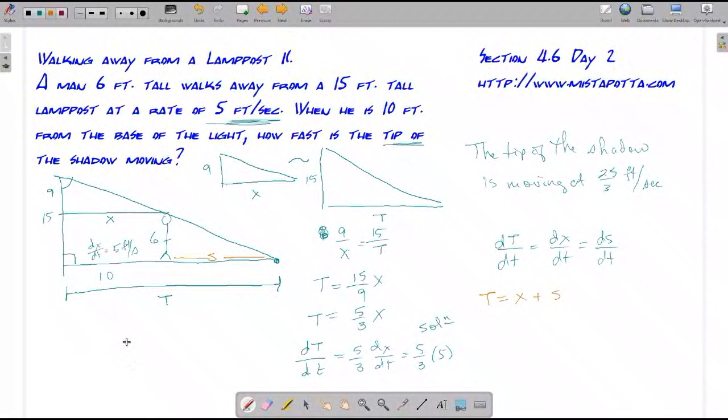But we would have had to work that problem first. And so I could have done it either without that previous information or with this previous information. The idea that 25 thirds is really the sum of 5 plus 10 thirds. So I could have gotten my answer that way as well.